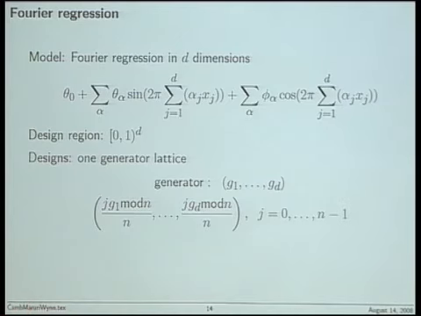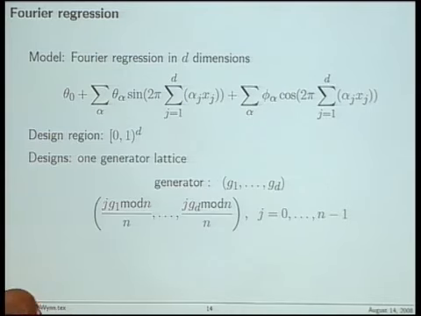It turns out that not the designs which Hugo was talking about, but these kinds of designs: you take a single vector, we're in D dimensions here, and you take multiples of it, mod n. So it's as if you're on a torus, but if you get outside 0, 1, then you have to fold them back and come in again. So they're all of that kind.